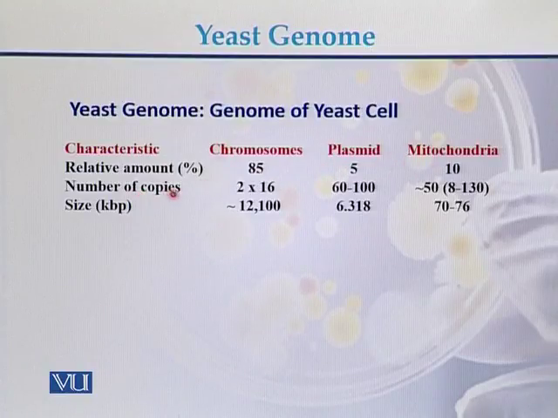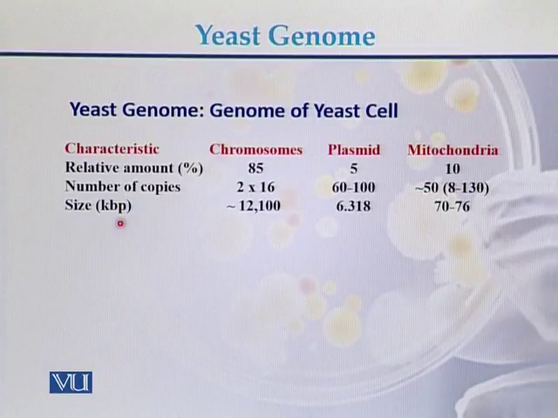If we see the number of copies, the yeast contains 16 chromosomes, and in case of plasmids, there can be 60 up to 100 copies of the plasmid, and in case of mitochondria, the number of copies can be between 8 to 130, and on average, the number of copies of the mitochondria can be 50.